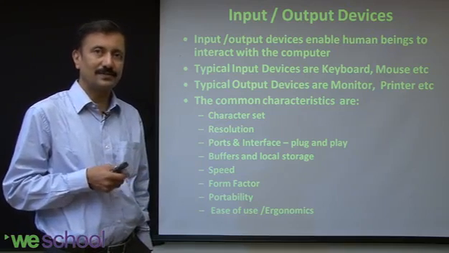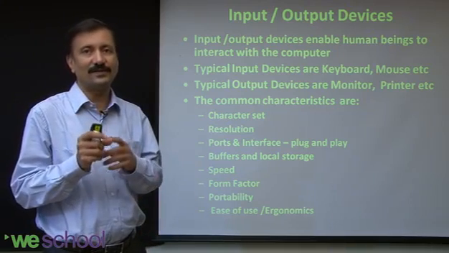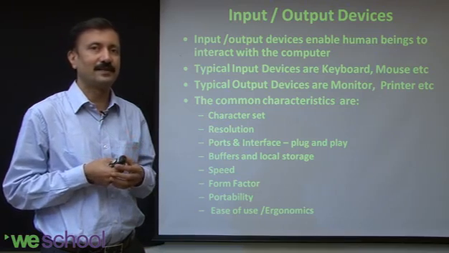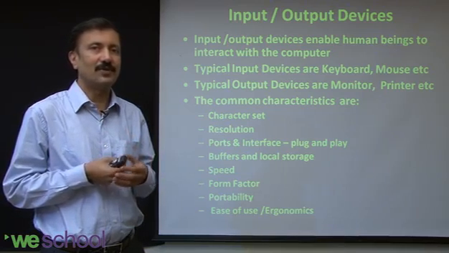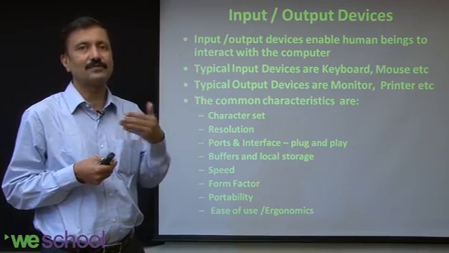Resolution is the other thing. While I can print or accept certain characters, what is the quality of that printing or that input that I take? That's known as resolution. So how reliably does the device represent the character which it is supposed to represent?